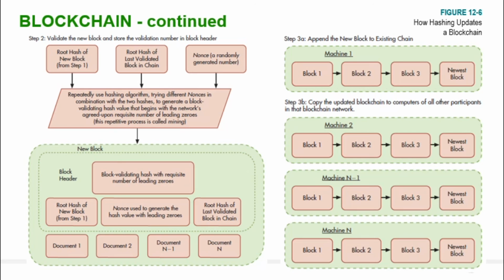So machine 1 has block 1, block 2, block 3, and the newest block. This is the new one. If there is another document to be added in this blockchain, the same thing happens to machine 2, machine n-1, and machine n.